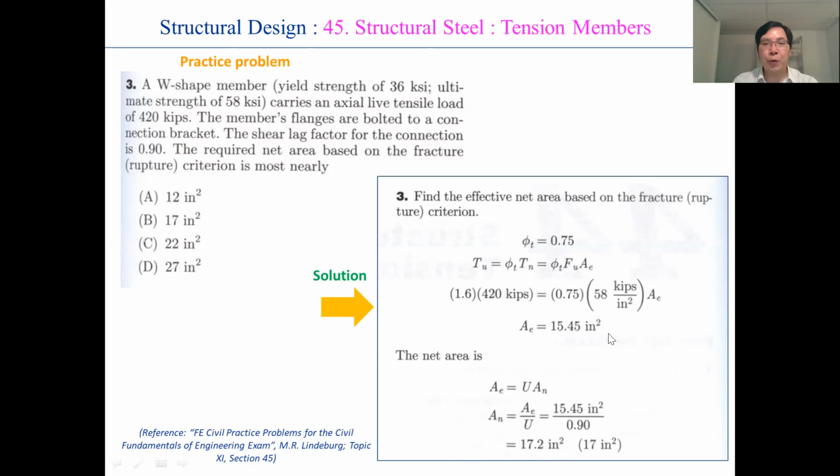From this value, you can calculate the net area AN equals AE over U, so that you find the net area AN equal to 17.2 inch square. When you compare the final result with the optional responses, you find that the good answer is B, 17 inch square.